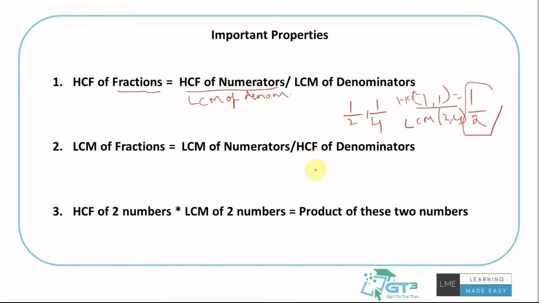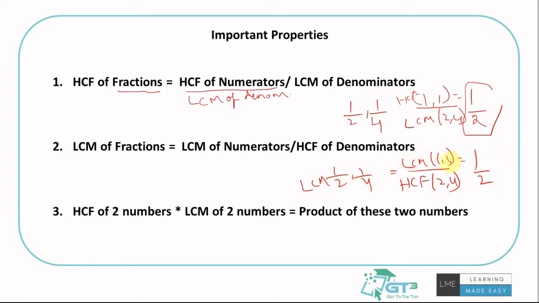If I'm trying to find the LCM of 1 by 2 and 1 by 4, first I'll take the LCM of the numerators, so 1 comma 1 is 1, and the HCF of the denominators, 2 comma 4, the highest common factor is 2, right? So LCM of 1 by 2 comma 1 by 4 is LCM of 1 comma 1, which is 1.